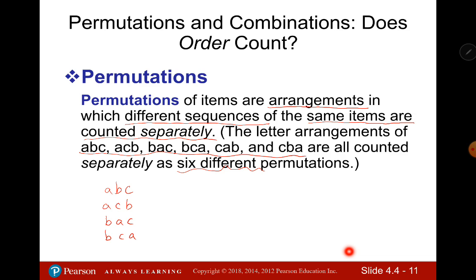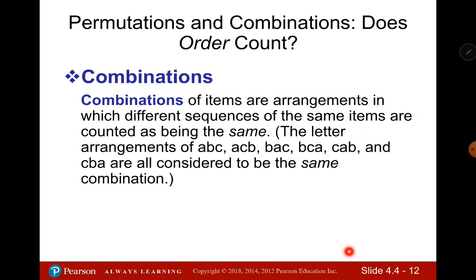So for permutation, does order count? We will say yes, the order matters, because even with the same items, putting them in different orders is treated as a different result. So order does matter for permutation.